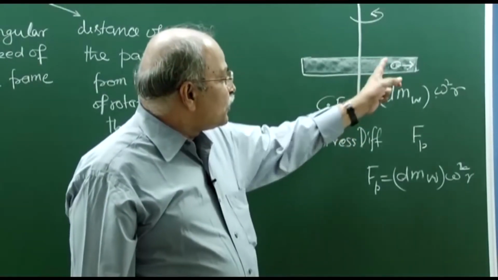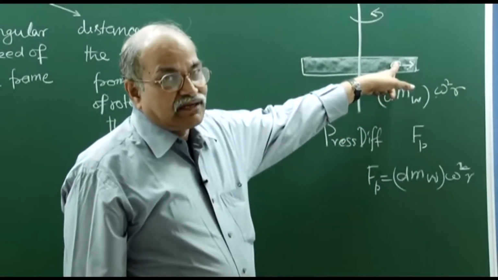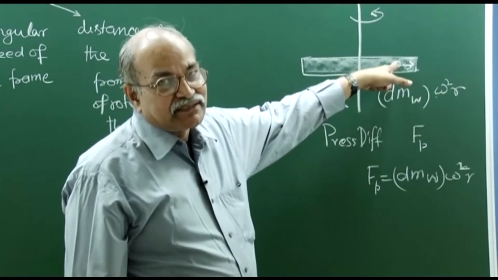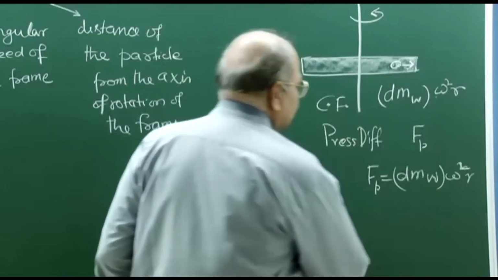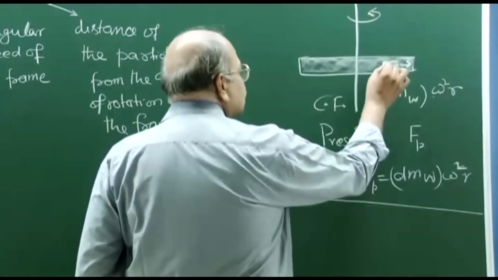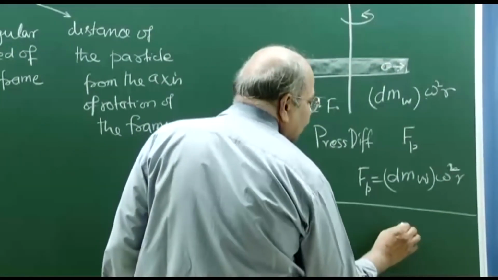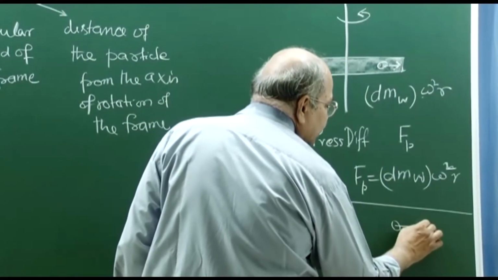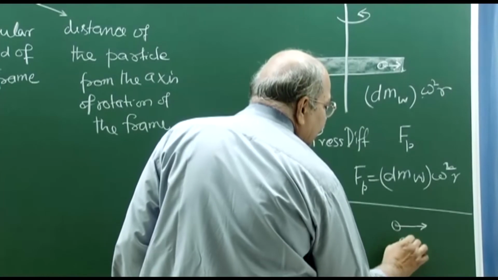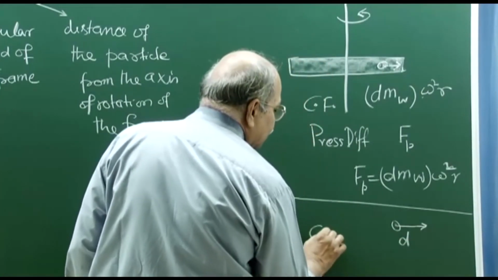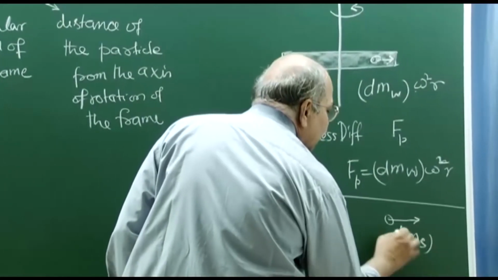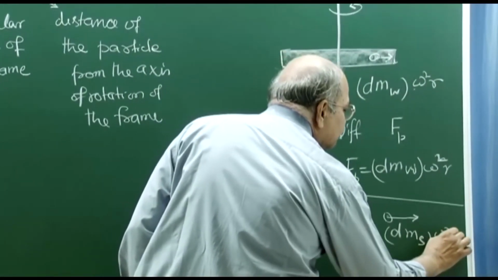Now, if you have a stone here of the same shape, what happens? The centrifugal force is in this direction, and it will be dm stone times omega square r.